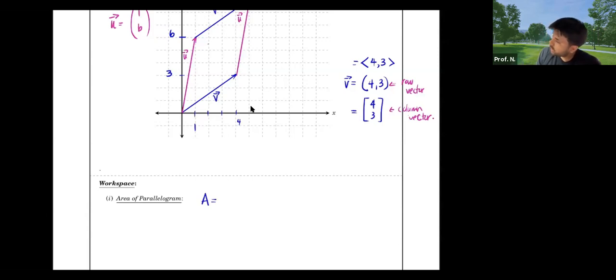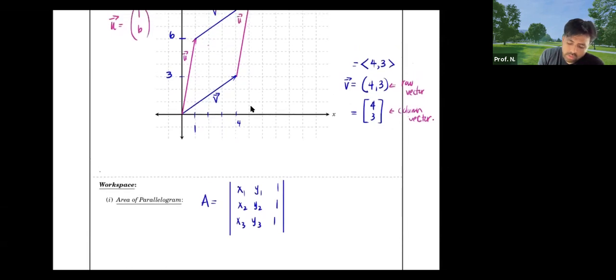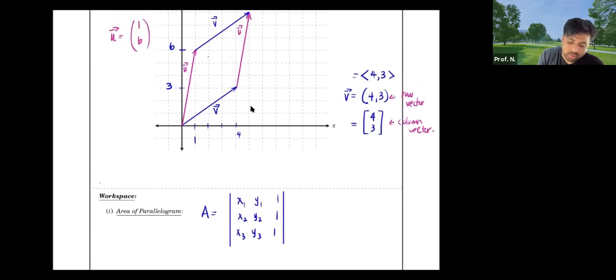X1, right? It's X1, Y1, 1, X2, Y2, 1, X3, Y3, 1. And if you notice, so what are these X1s, X2s, and X3s? Well, what are these coordinates? These are the coordinates represented by the triangle that can be formed.